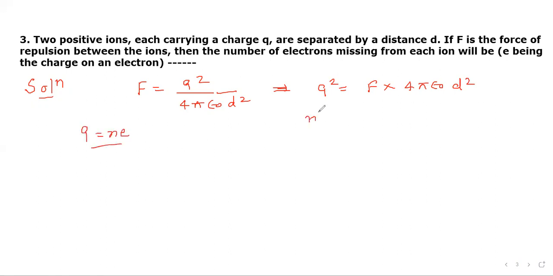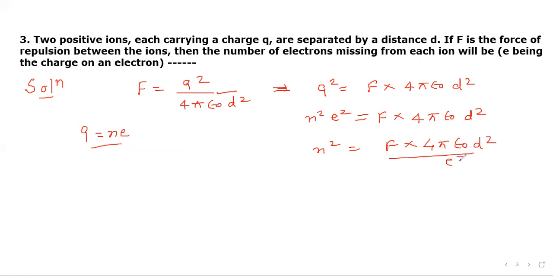So we write here N square E square equals F times 4 pi epsilon naught D square. Our purpose is to get N. So N square equals F times 4 pi epsilon naught D square divided by E square, or N equals square root of F times 4 pi epsilon naught D square, divided by E, where E is the electronic charge.